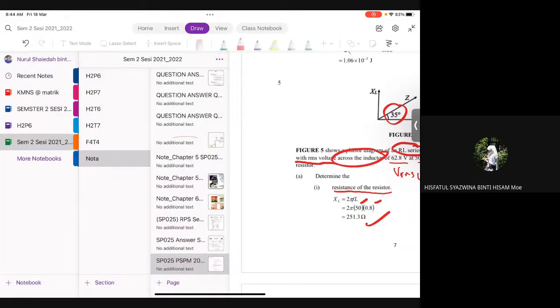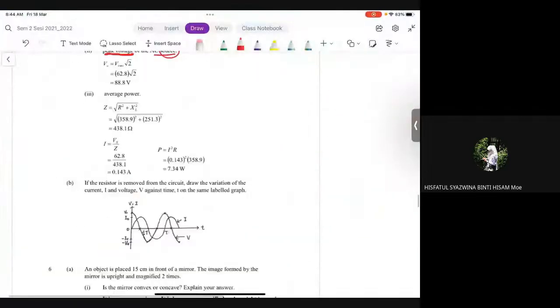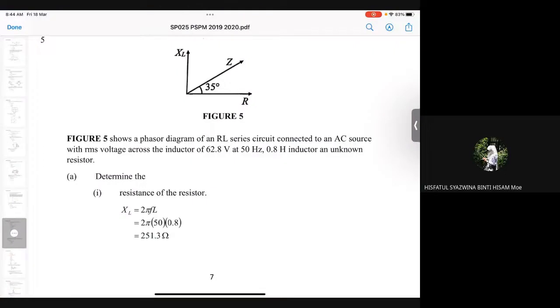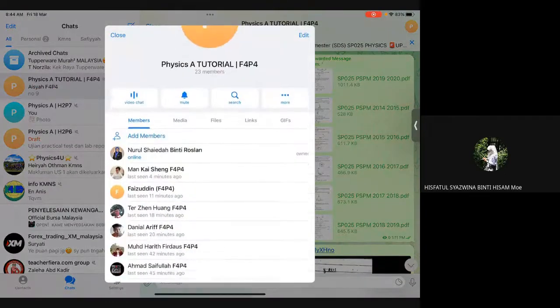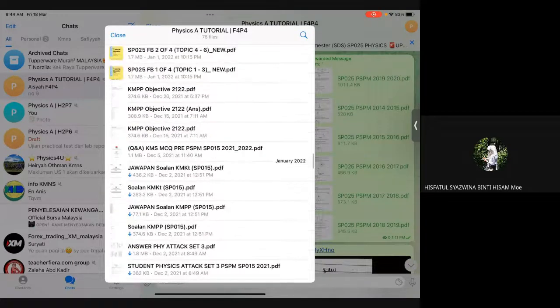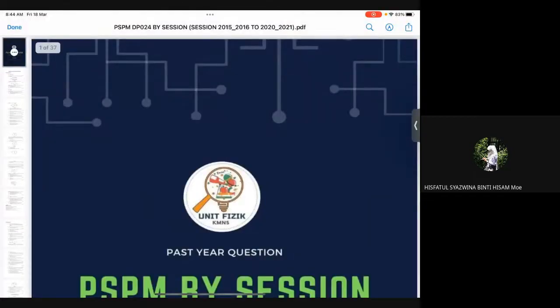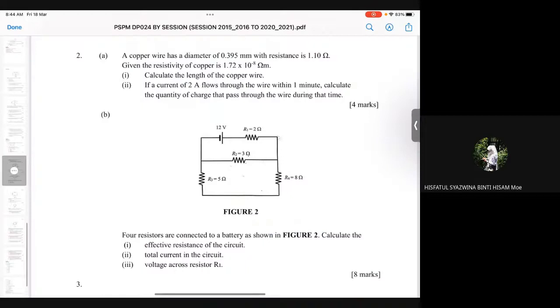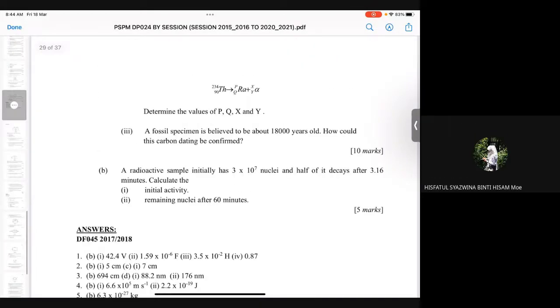Sekejap. Saya tengok dekat mana. Nota je. Jawapan dekat buku tutur awak tu apa? Cuba tengok jap. Check balik. Betul ke ni? PSPM by session 2019.